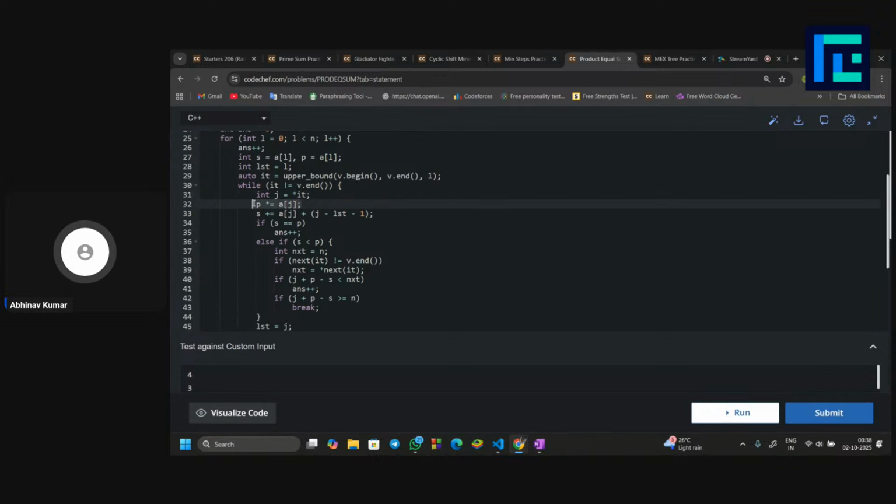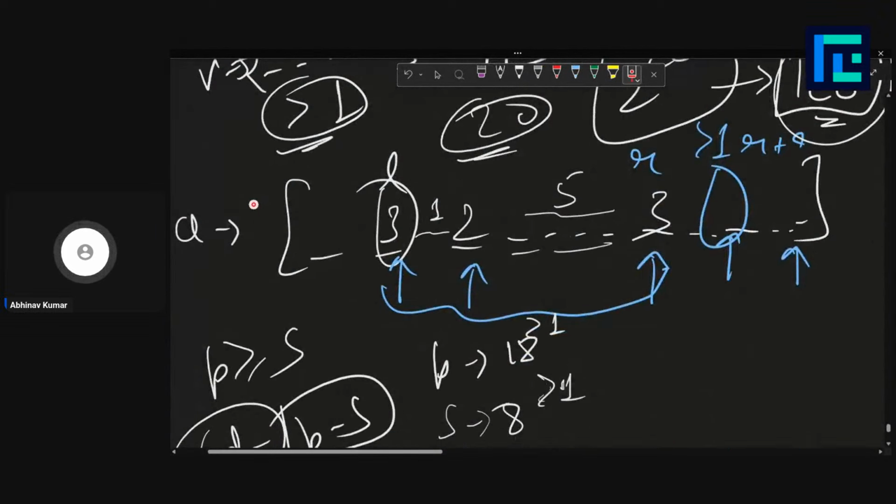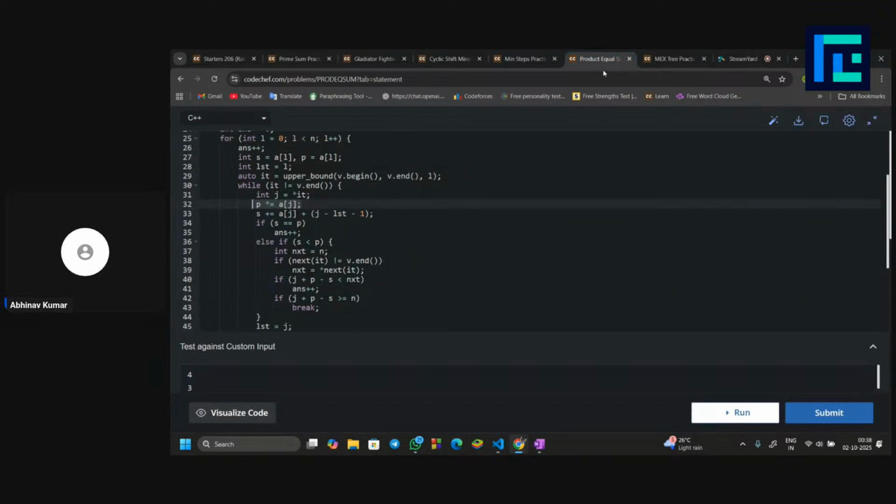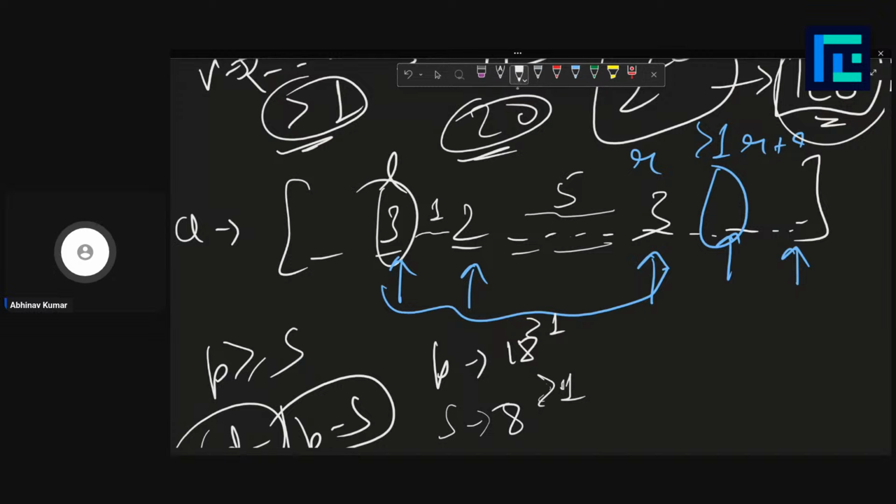So what would be my product in between whatever ones? If my L was here and I iterate through the next R, then whatever ones I get in between would not affect my product.